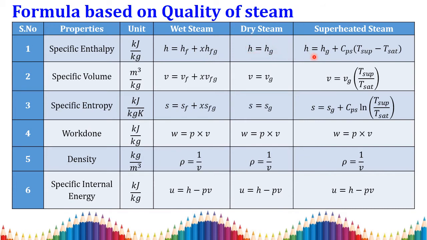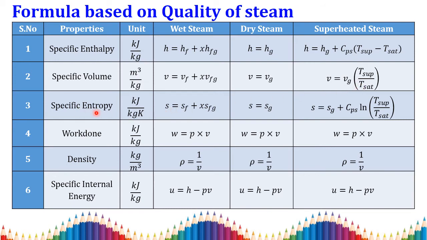For superheated steam, h equals hg plus Cp, the constant pressure specific heat, into T superheated minus T saturation, the difference between the superheated and saturation temperature. For specific volume, for wet condition v equals vf plus x into vfg, for dry steam v equals vg, and for superheated steam v equals vg into T superheated by T saturation.